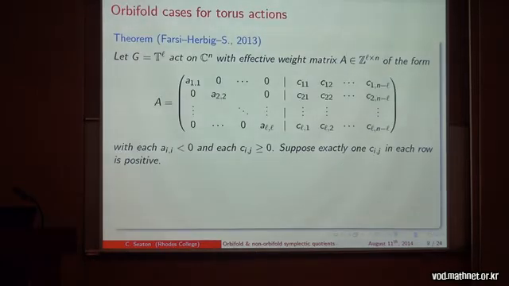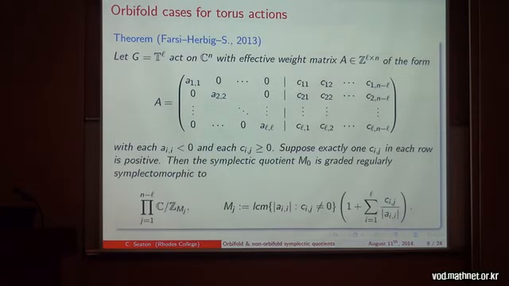Okay, so the first result, a result with Carl Farsi and Hans-Christian Herbig, is that there are a lot of orbifold cases. Looking at torus actions, if we take a weight matrix that's of this form, where the diagonal part has all negative entries, and on the right side the entries are all non-negative, with at most one of them non-zero in each row, then we will always get something that is graded regularly symplectomorphic to an orbifold.